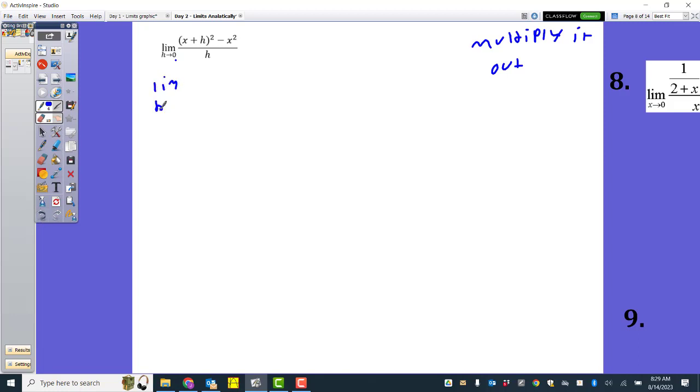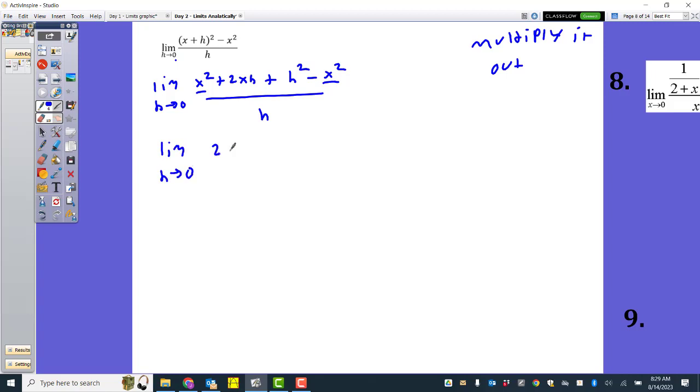Limit as h approaches 0 of x squared plus 2xh plus h squared minus x squared over h. And now if we look at what happens here, the x squared here and the x squared here will end up canceling.